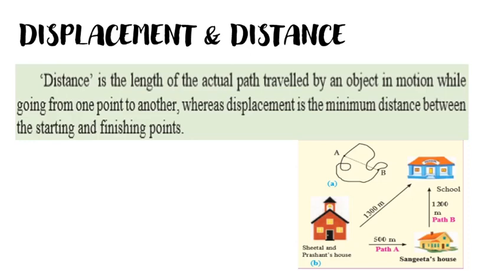But the displacement will be the minimum distance which was covered, as Prashant covered the minimum distance, or even from A to B there was minimum distance covered. So that is called displacement. That is the minimum distance taken to cover from point A to point B, or from the starting to the finishing point.